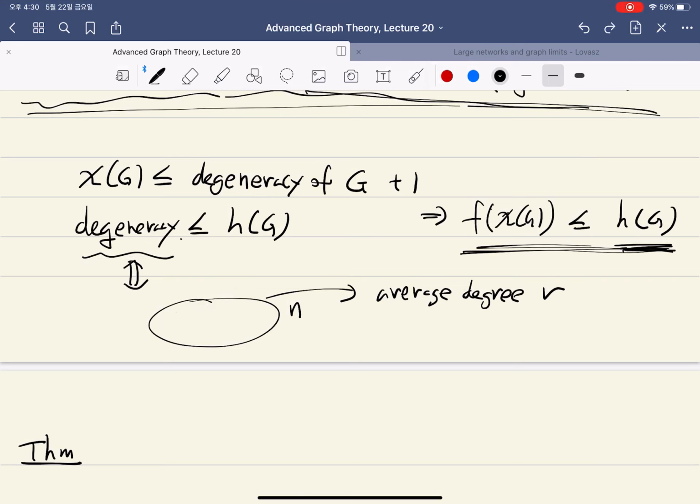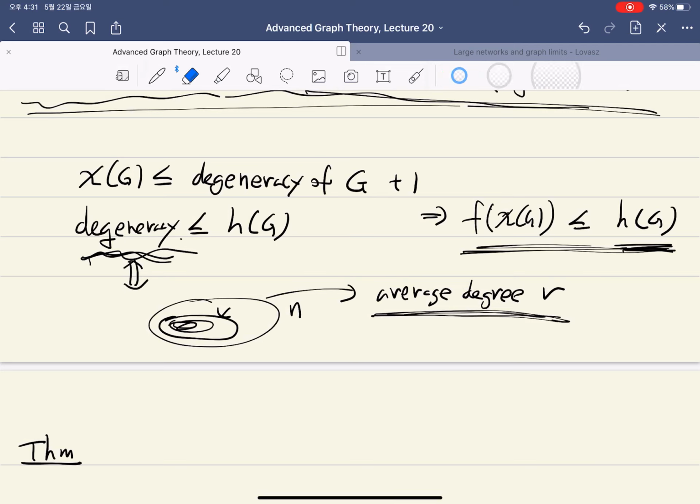If it has a high degeneracy, then we can instead take a smaller graph with a higher average degree. So the average degree of a subgraph is kind of the same as the degeneracy.